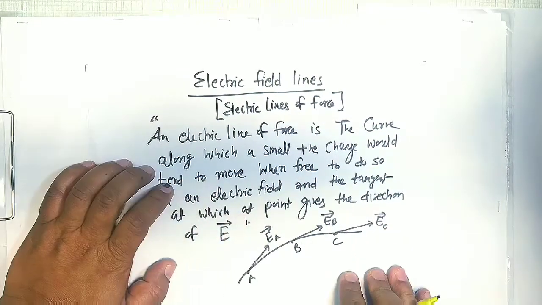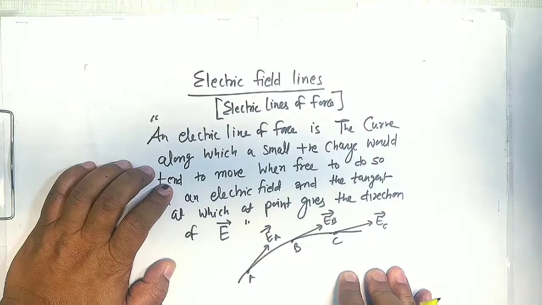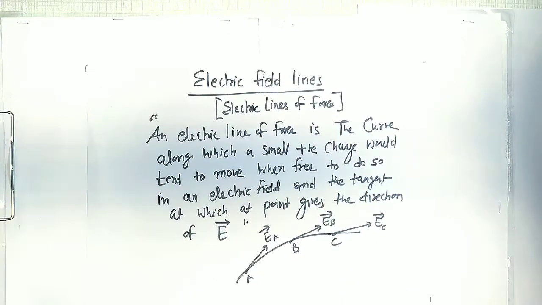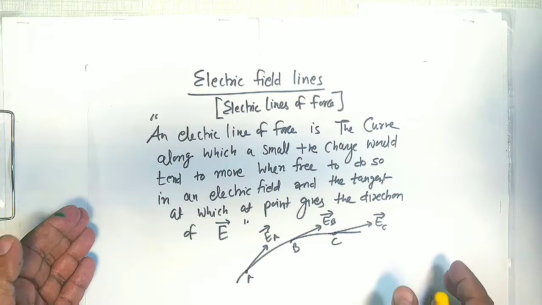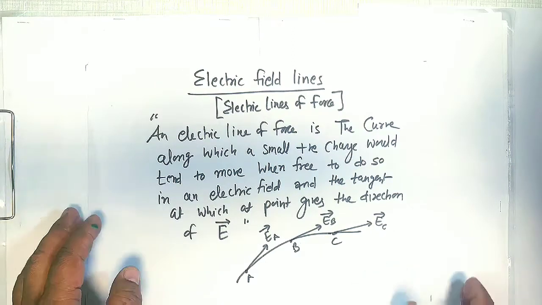You remember you have gone through streamline motion in class 11th, and you know Bernoulli's theorem. Before Bernoulli's theorem there were streamlines, and in 10th it was electric or magnetic field lines. Now it is electric lines of force.